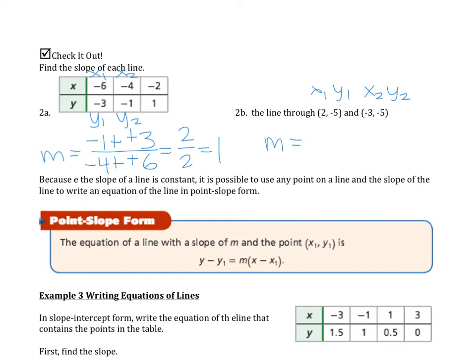Doesn't matter which ones you chose. y2 minus y1 over x2 minus x1. You do end up with a slope of 1, whatever you have chosen. In the second one, the y coordinates are the same, so you actually end up with 0 over negative 5, and 0 divided by anything is 0.